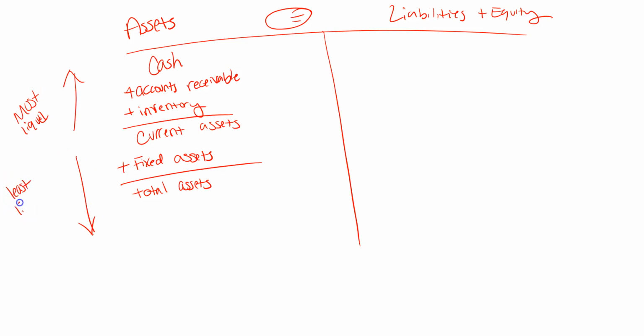And you may not be familiar with the term liquidity, but liquidity means how easily it can be converted to cash. How liquid is your investment? Can you sell it today and not take a huge loss on it?